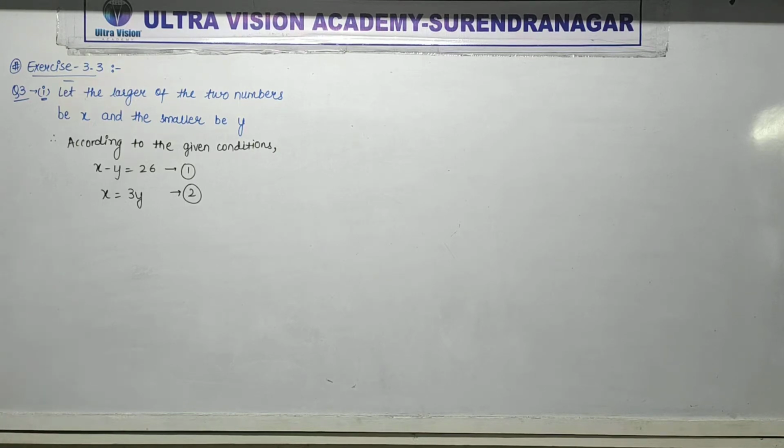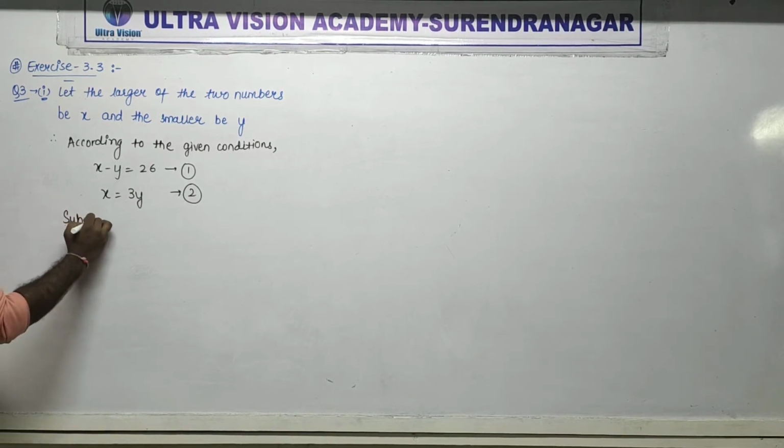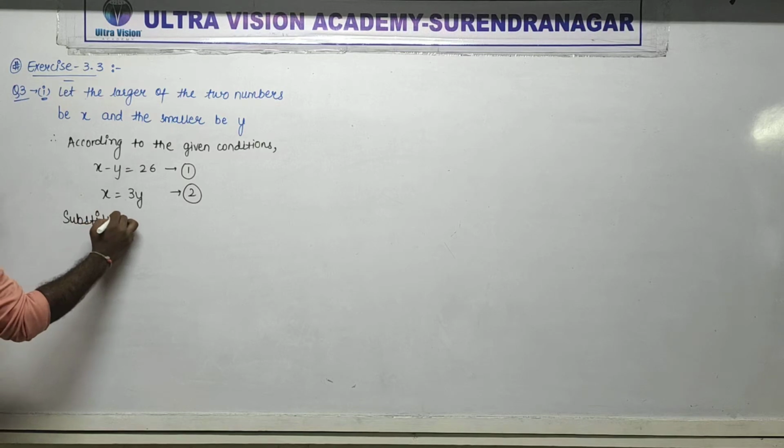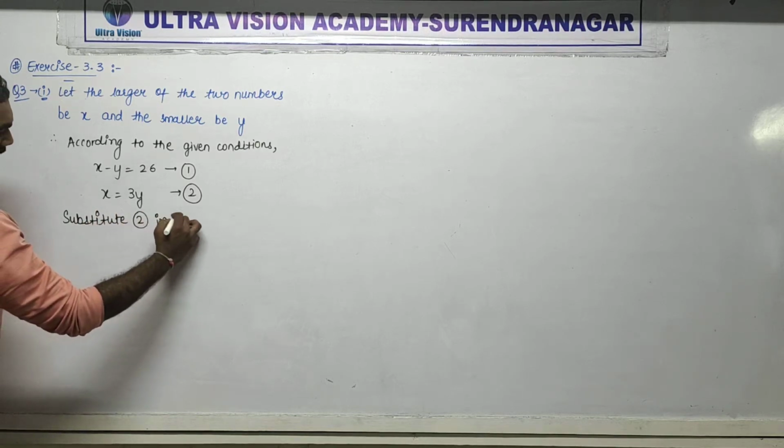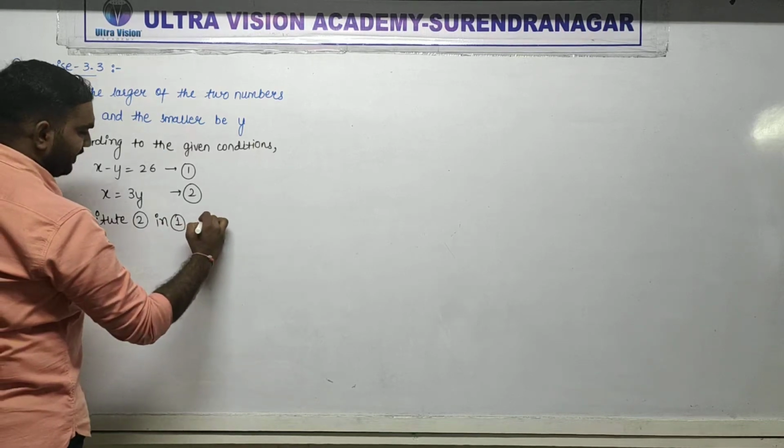Now what shall we do? See, the second equation is already in the subject of x, so we can directly replace the second equation in the first one. Substitute equation 2 in 1. What shall we get?